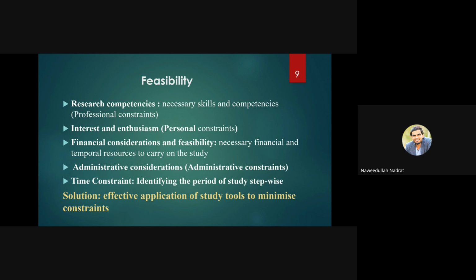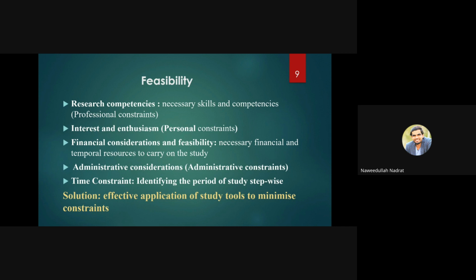No, your research competency has nothing to do with that particular kind of suggestion. So we have to understand professional constraint. Otherwise, that hypothesis would be more like an idealistic hypothesis, and idealism has nothing to do with scientific study.